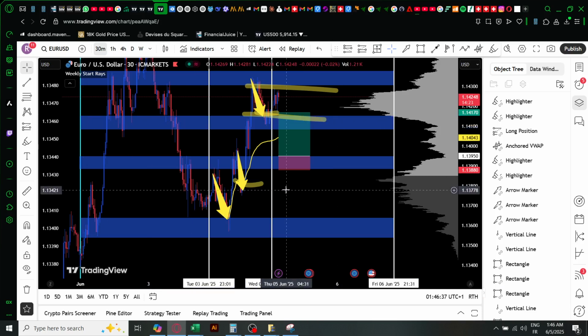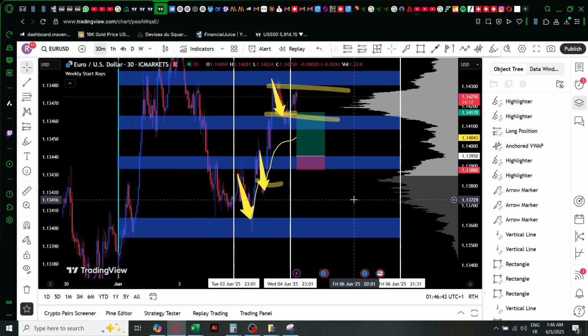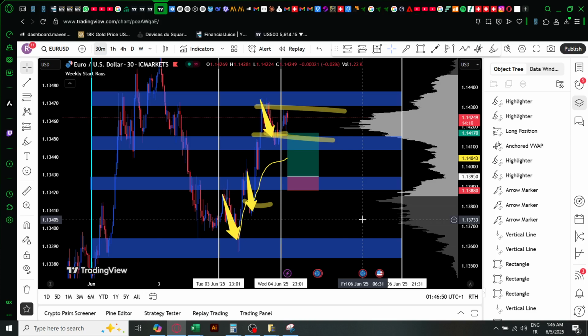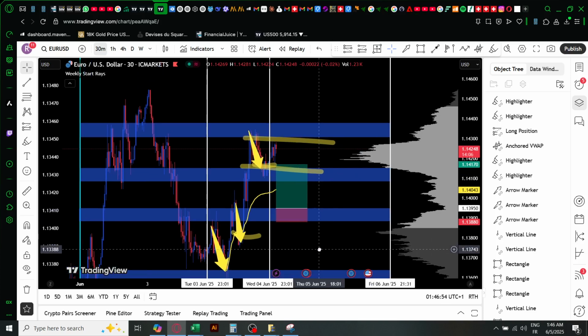So everyone is different, and you don't need to be like me, but at least you're learning very important concepts like this one, to get your key levels, or where there is a potential for price to react.